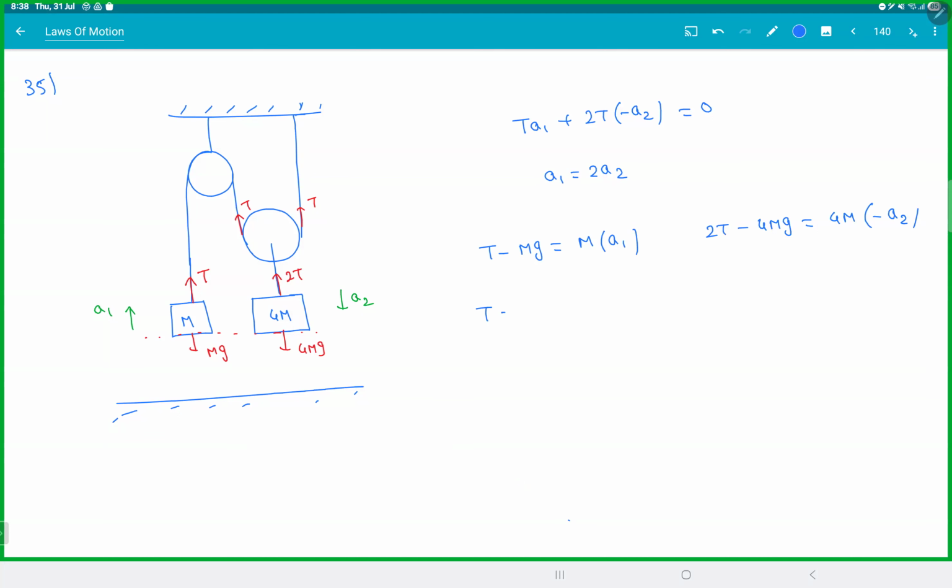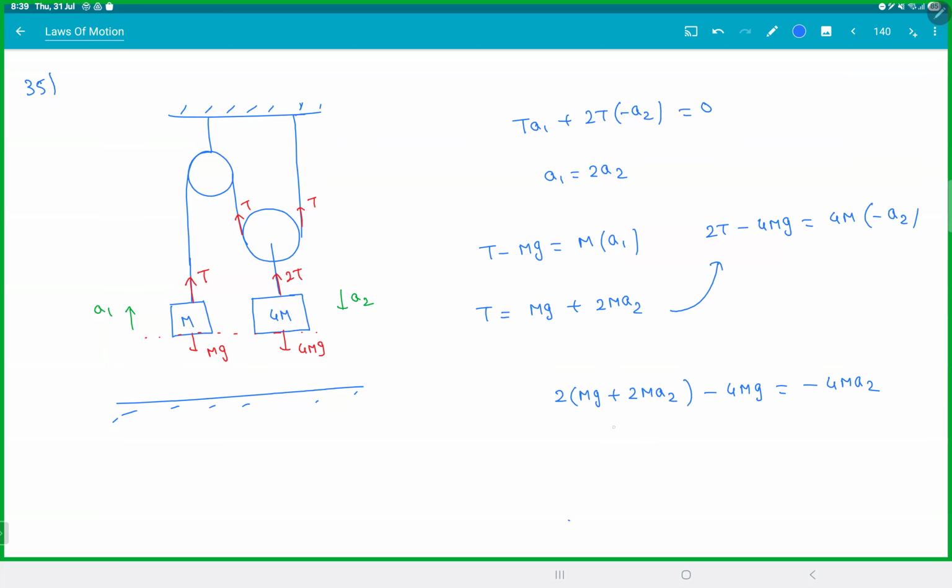So T will be mg plus ma1, but a1 is nothing but 2a2, so mg plus 2ma2. Take this and substitute here. This will be 2 into (mg plus 2ma2) minus 4mg is equal to minus 4ma2. Bring all a2s to one side.